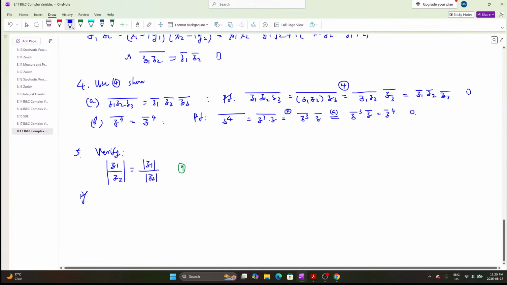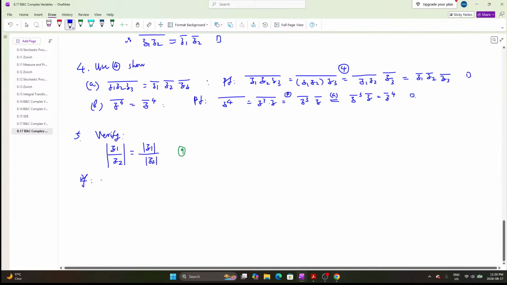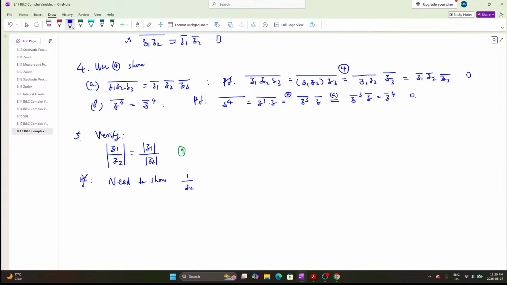Okay, proof. How do we do that? Well, I think all you need is to show that the modulus of 1 over z2 is 1 over the modulus of z2. That should be enough.